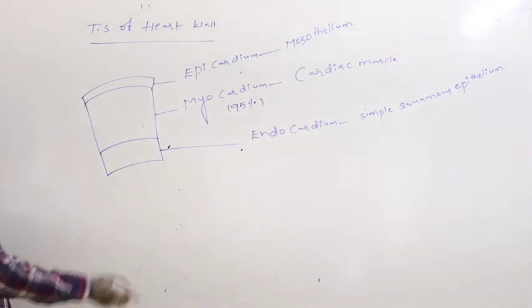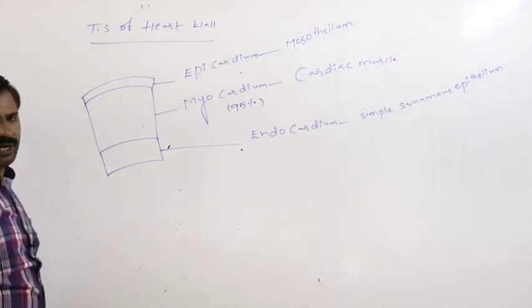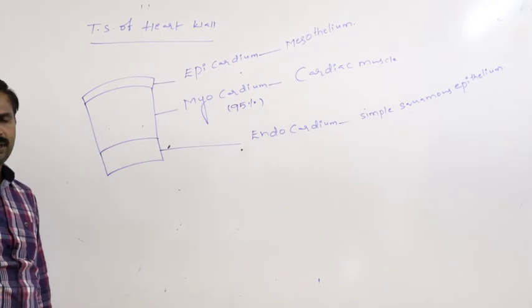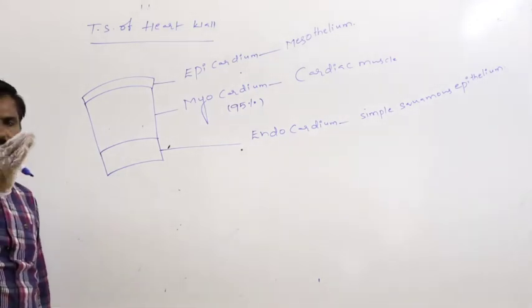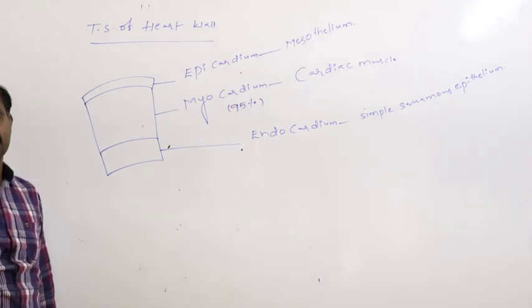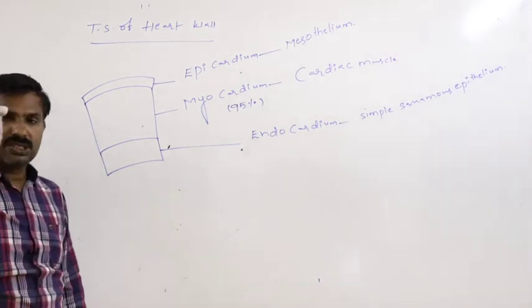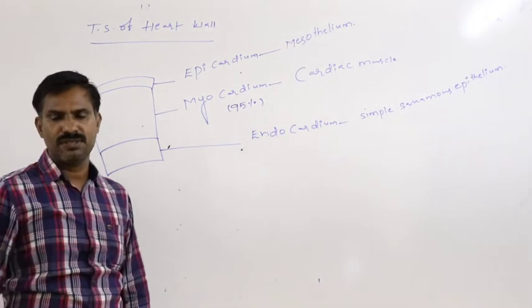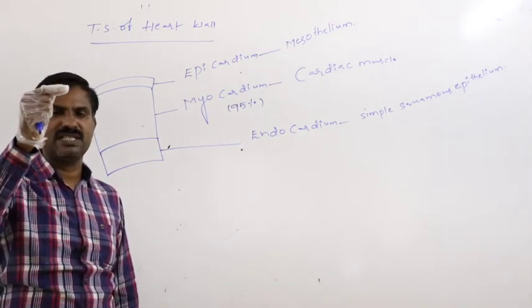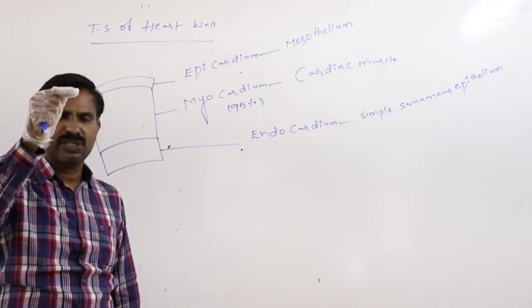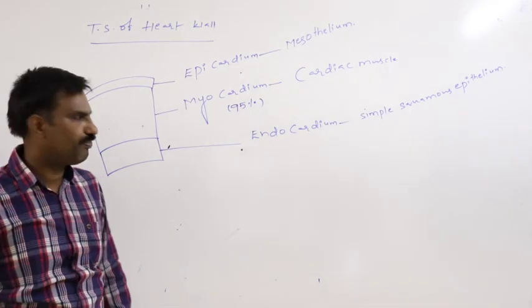This kind of endocardium not only covers the inner cavities of heart chambers but also covers heart valves, and also extends into the big sized blood vessels which open into the heart as the endothelium.